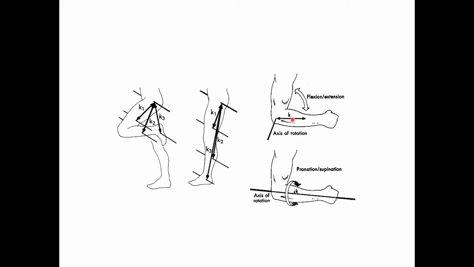But in this one you're rotating the forearm about the longitudinal axis. So you keep repeating pronation, supination, pronation, supination. Then this black line will serve as the actual axis of rotation, and you are going to get this K here, which is a lot shorter than this K.